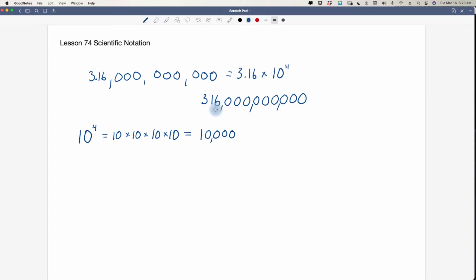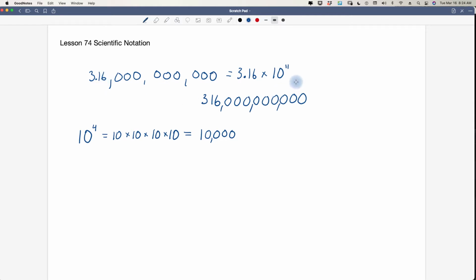All you need to do is make sure that when you count your zeros, you include these 2 decimal places here. So always move it to where you want the decimal. And typically what we do is we have one whole number and the rest is behind the decimal. So 1, 2, 3, 4, 5, 6, 7, 8, 9. And you'll get to where you can just go 3, 6, 9, 10, 11.